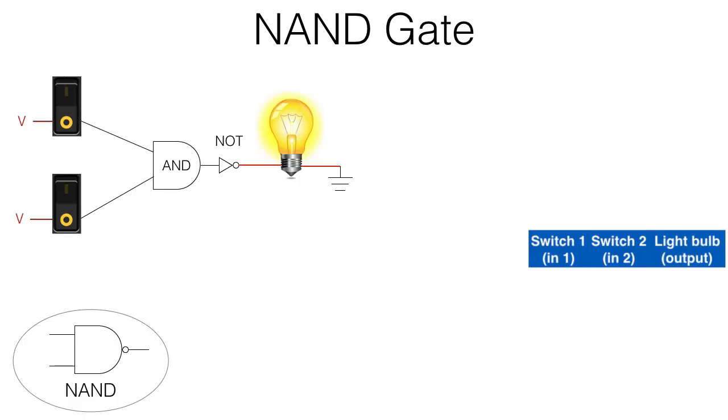Let's take a look. So here's our circuit. And what do you see? I see an AND gate and a NOT gate. Okay. When both switches are off, the output is on. See it? How does that work? Both switches are off. So therefore, what's coming out of both of the switches is what? Nothing.